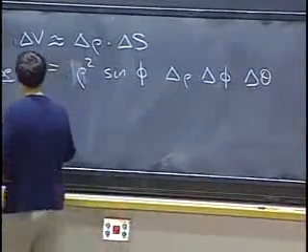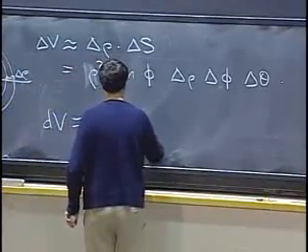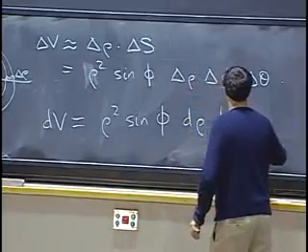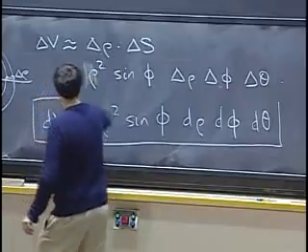And so out of that we get the volume element in spherical coordinates, which is rho squared sine phi d rho d phi d theta. And that's a formula that you should remember.